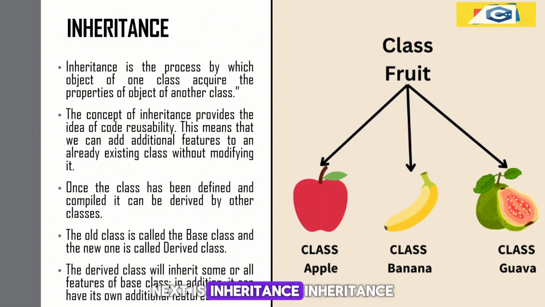Next is inheritance. Inheritance is nothing but deriving a new class from an already existing class. Take a normal general example: parent 1, parent 2, mom, dad, and we have a class child.